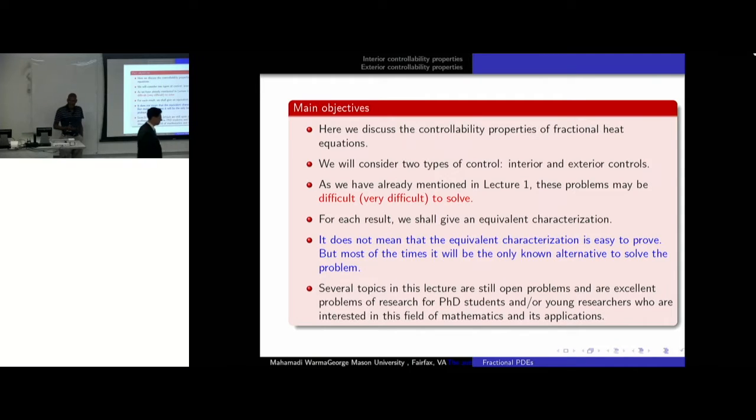Nowadays, really beautiful math is being developed by people working in control theory to solve some of these problems. And most of the topics we will discuss today each have an open problem that we cannot solve for the fractional Laplace operator.